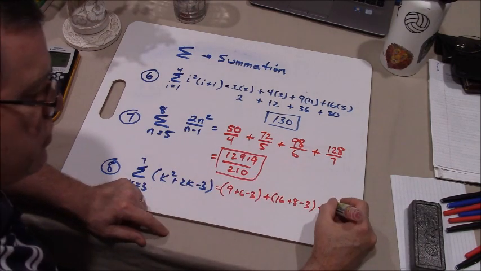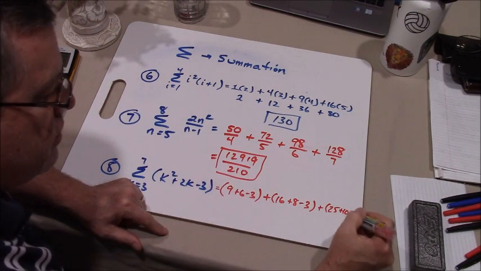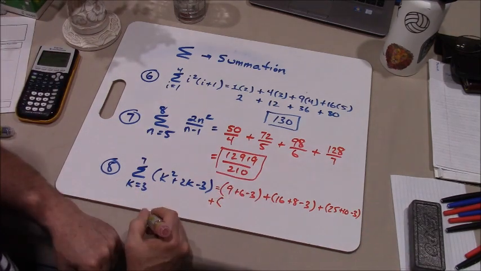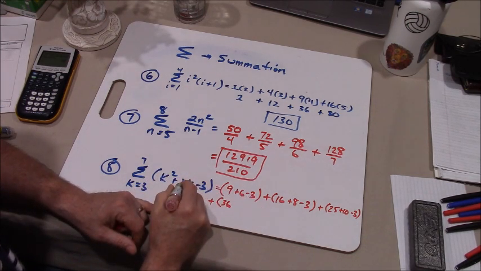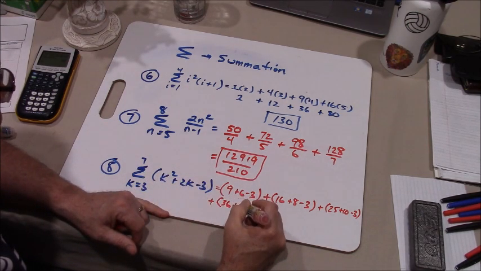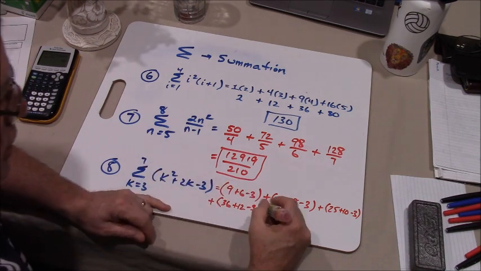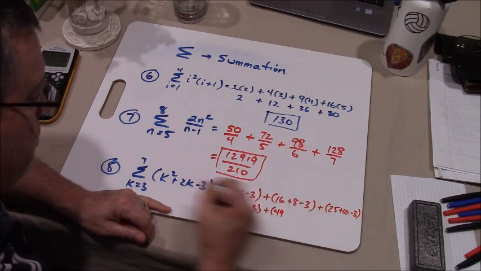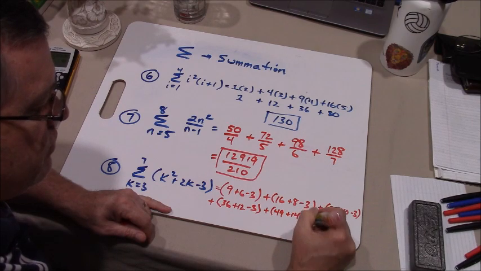So I'm going to get 5 squared, that's 25. 2 times 5 is 10, minus 3. Plus, now I'll plug in a 6. 6 squared is 36. 2 times 6 is 12, minus 3. And the last number I need to plug in is 7. So I'm going to get 49. 2 times 7 is 14, and then minus 3.